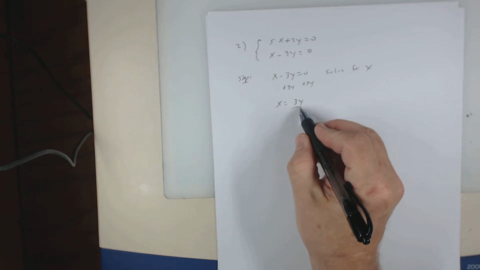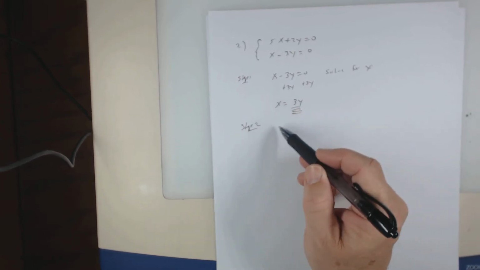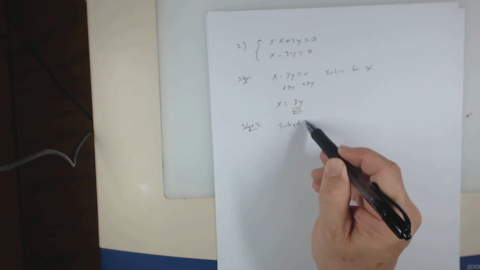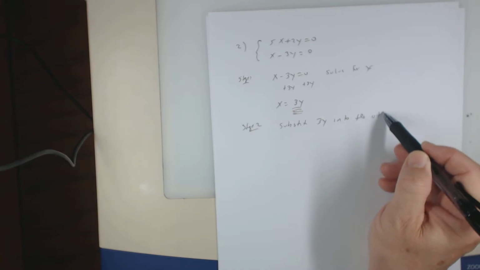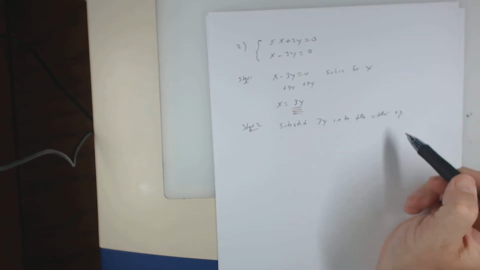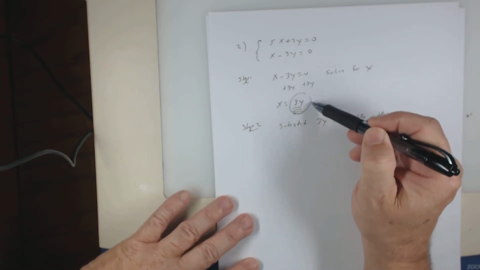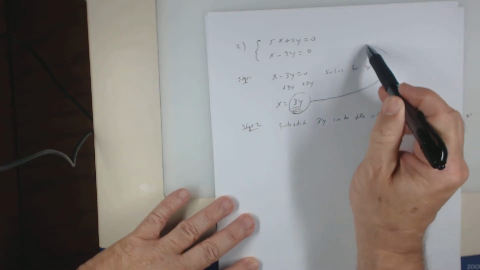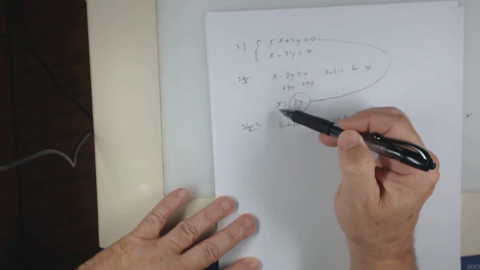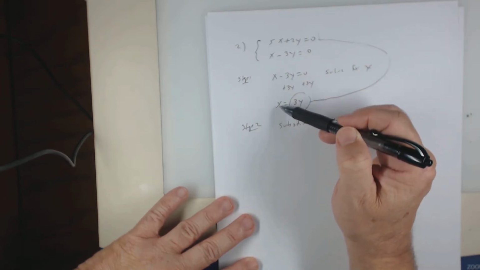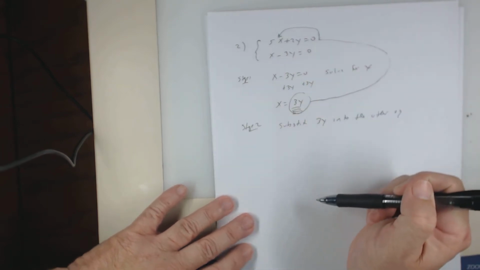So in other words, see this expression here? So step 2, I'm going to substitute 3y into the other equation, right? The other equation is that first one. And where we see the variable x, I'm going to plug in 3y.